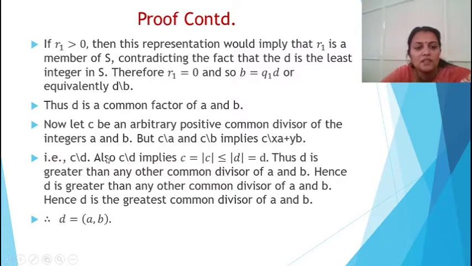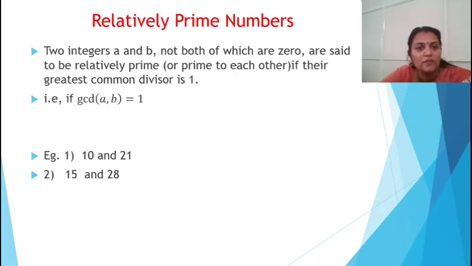That is, C divides D. Also C divides D implies that C, which is equal to modulus of C, is less than or equal to mod D, which is equal to D. Thus D is greater than any other common divisor of A and B. Hence D is the greatest common divisor of A and B. Therefore D is equal to GCD of A, B.